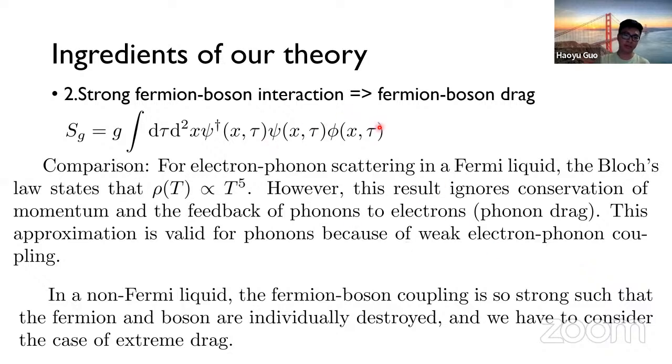But in our problem, in such a non-Fermi liquid, the coupling between fermion and boson is a strong coupling problem. So you should not separate these two sectors, and you should consider them together, because individually the fermions and bosons are not well defined. You should treat them as a single component, so there is a very strong drag between the fermions and the bosons.